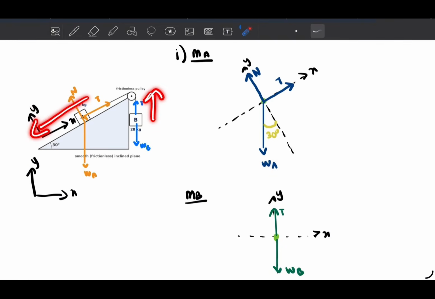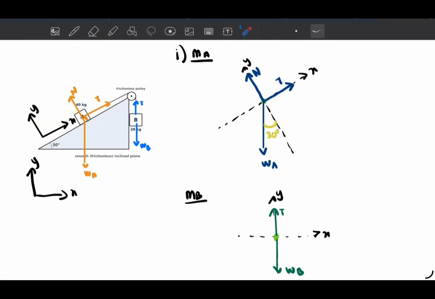The direction of motion for object B is along the y-axis, and the force that acts along the line of motion is the weight, WB. For object A, the direction of motion is along the x-axis, which is parallel to our surface here.